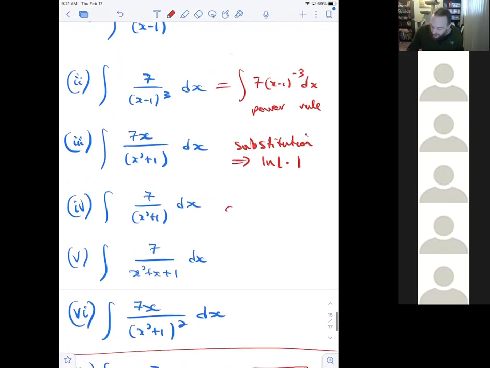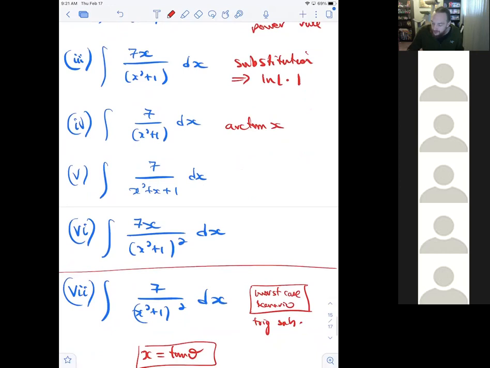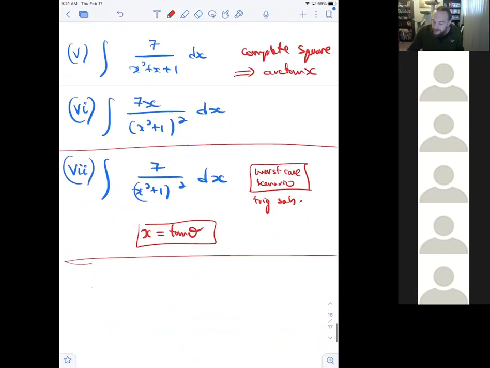This one is arctangent. This one is complete the square, and then arctangent. This one is substitution, and then the power rule. And then this one is trigonometric substitution, the worst case scenario.